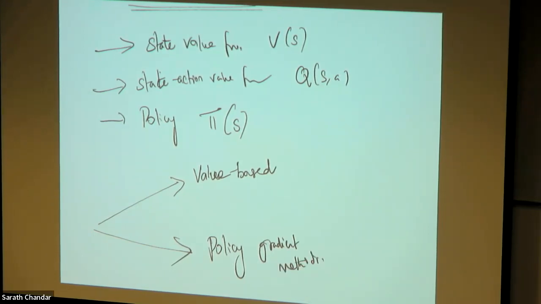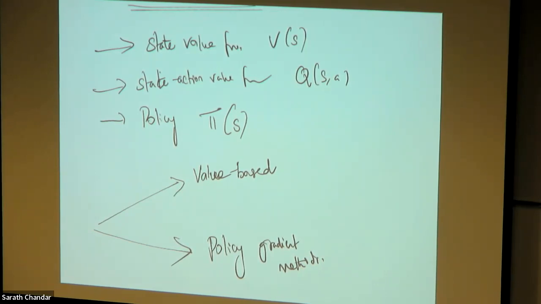In the case of policy gradient methods, we completely bypass the estimation of value function, and just say, can I directly learn a policy, which given the state is going to give me an action, and this policy will aim to get the maximum possible return? Now, they are both trying to solve the same problem, but in different spaces.